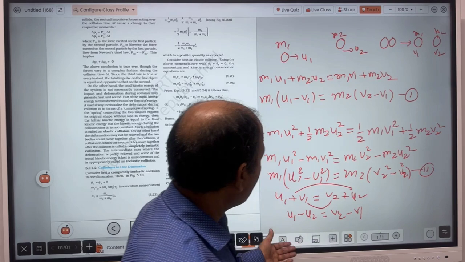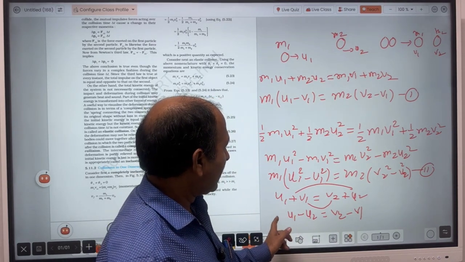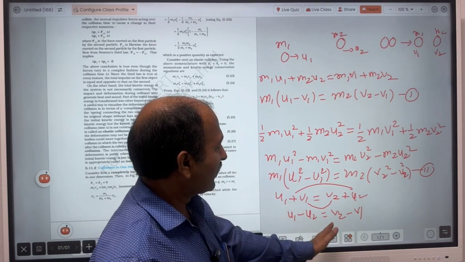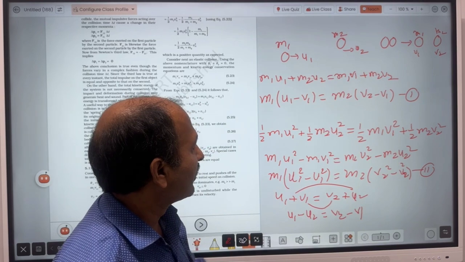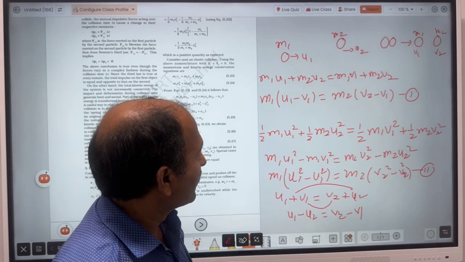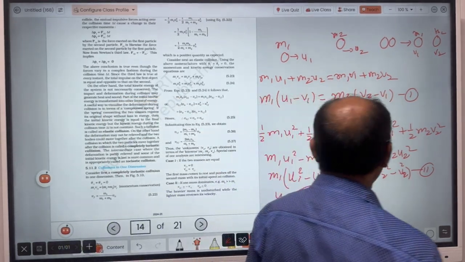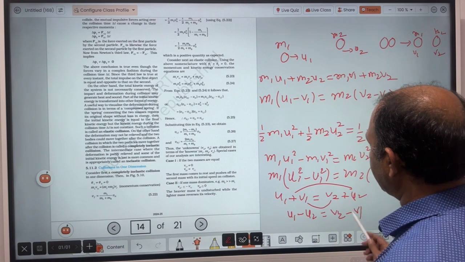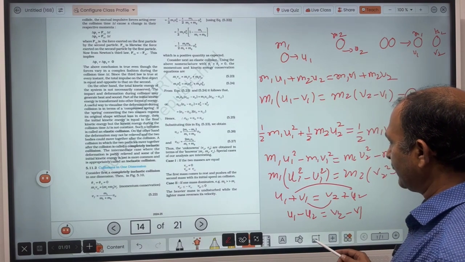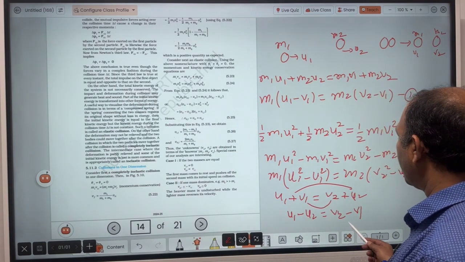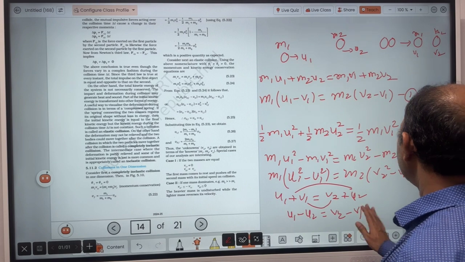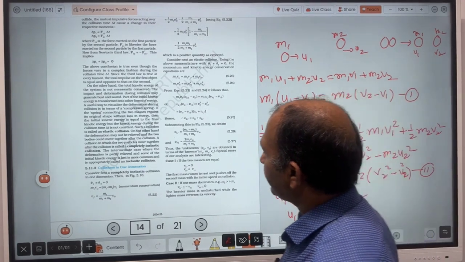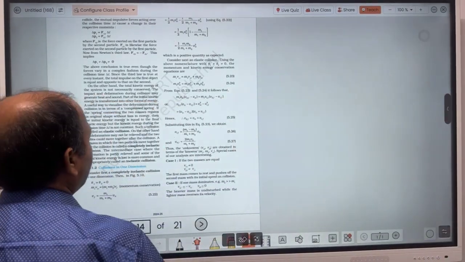If you notice, u1 minus u2 is the relative velocity of approach and v2 minus v1 is the relative velocity of separation. So you can conclude that in case of elastic collision, the relative velocity of approach is equal to the relative velocity of separation. I think you have understood.